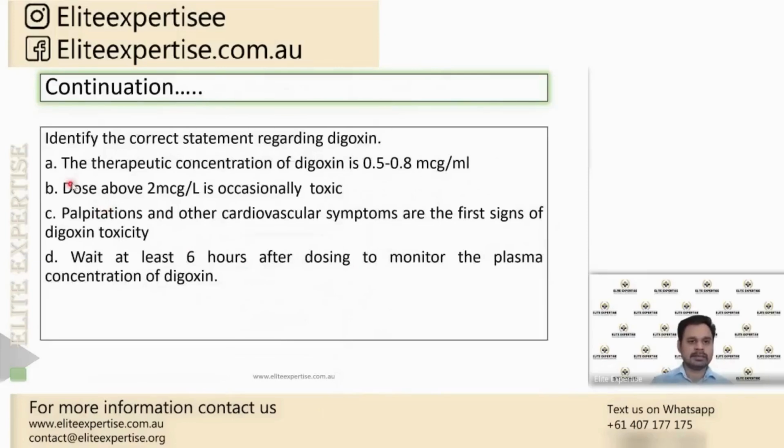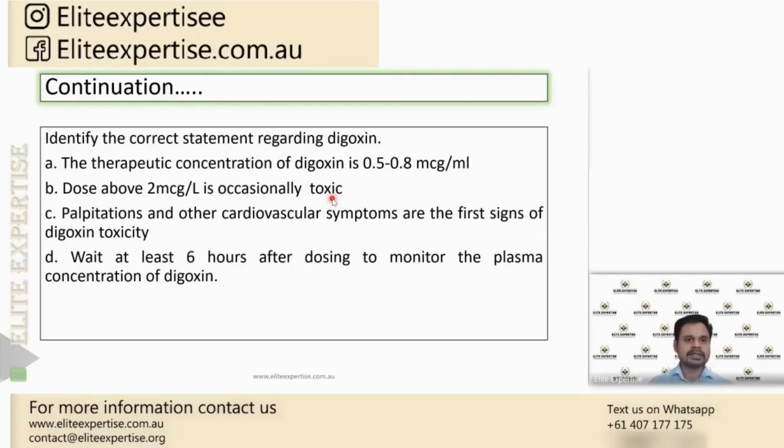The second statement says a plasma concentration above 2 micrograms per liter is occasionally toxic. This is again an incorrect statement, because a plasma concentration of even 1.2 or 1.3 micrograms per liter is considered toxic. Here they are saying occasionally toxic. No, it is a wrong statement.